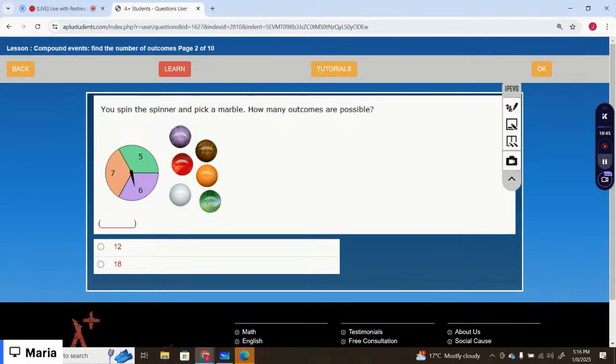You spin the spinner and pick a marble. How many outcomes are possible?